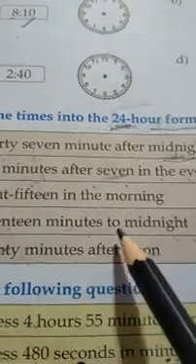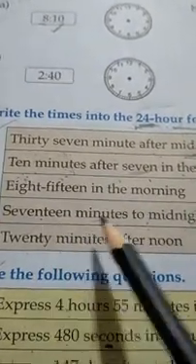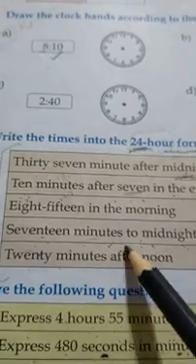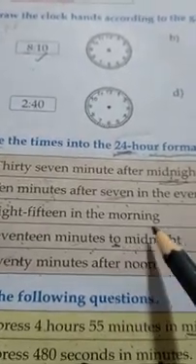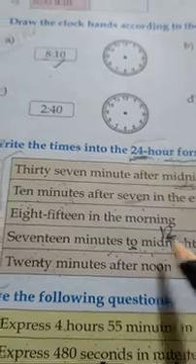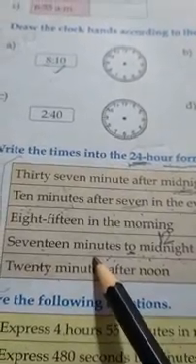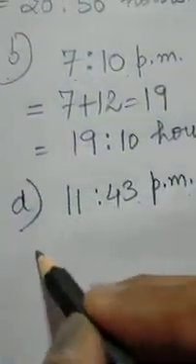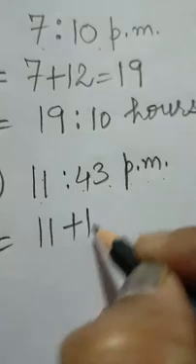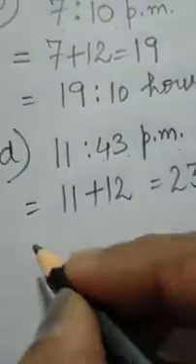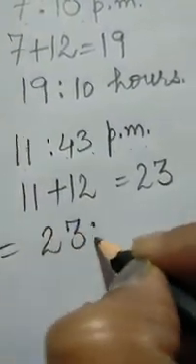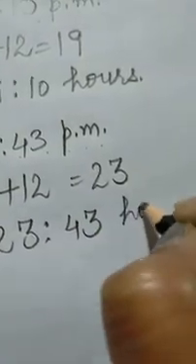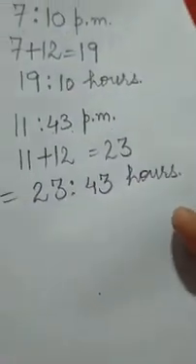And according to the 24-hour clock, we will add 12. It will become 23, and the time here will be 23:43 hours.